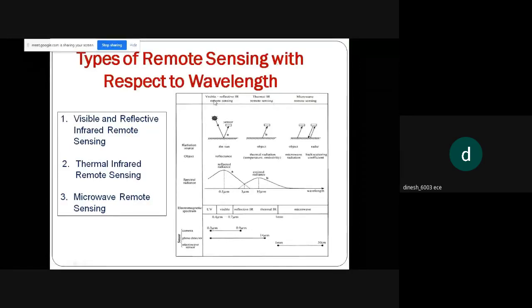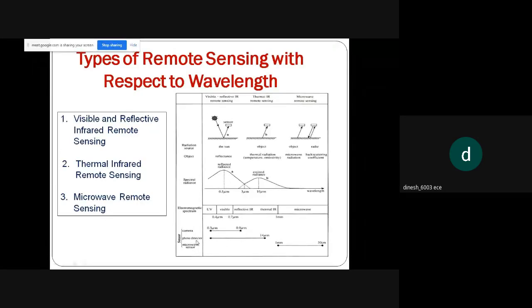So how is visible reflective infrared remote sensing being done? We have the sun's energy, which falls on the object that we want to measure. The sun's energy is reflected, and it is sensed by a sensor. The sensor could be a camera, a photo detector, or a microwave sensor, as you can see at the bottom. The camera will have the wavelength range of 0.3 micrometer to 0.9 micrometer.